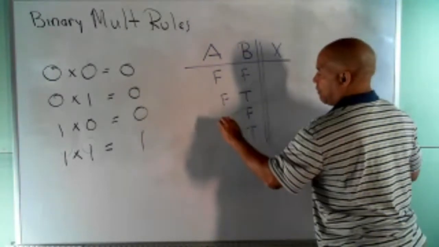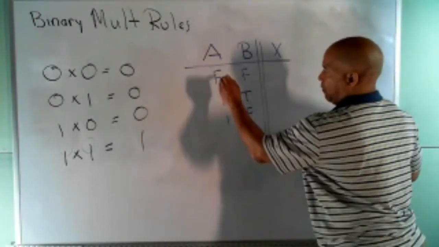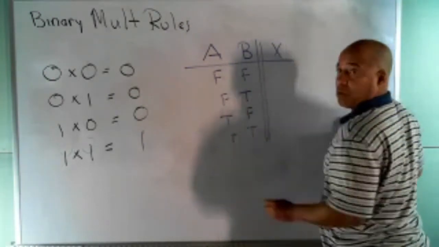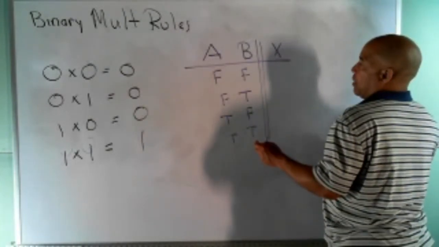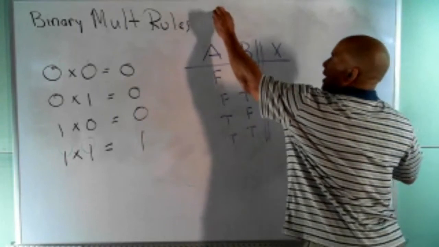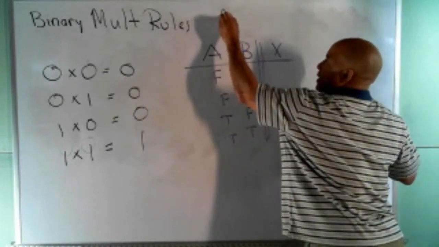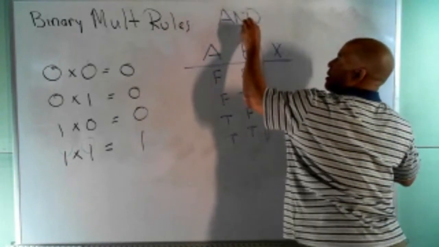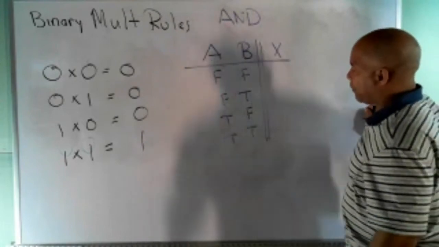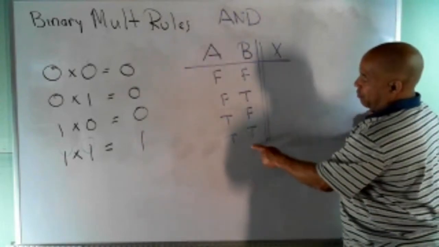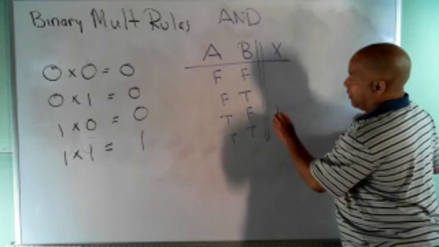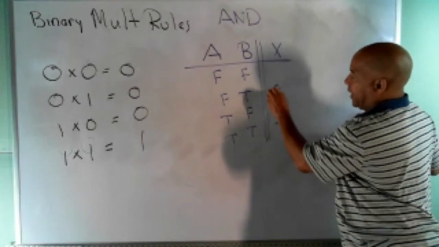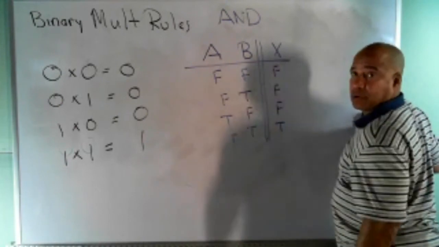This is false, false, false, false, true, true. If you look at the AND logic that we talked about, the only time the AND is true is when both input conditions are true. For every other row in the truth table for AND, it's false.